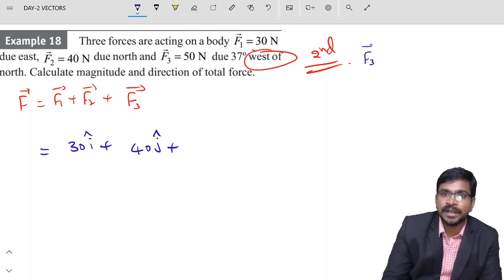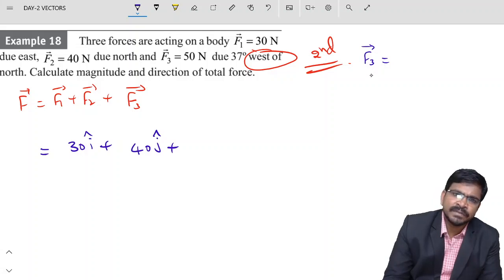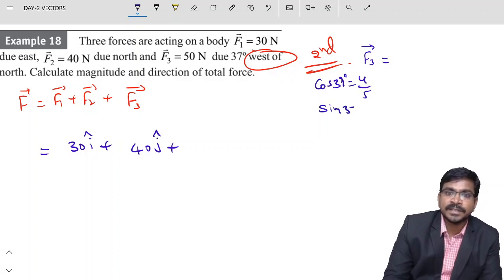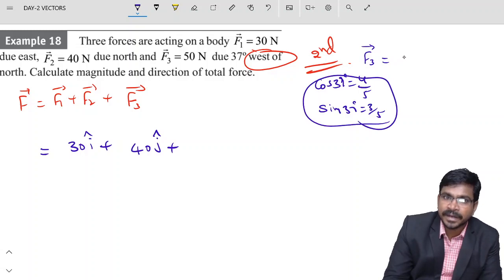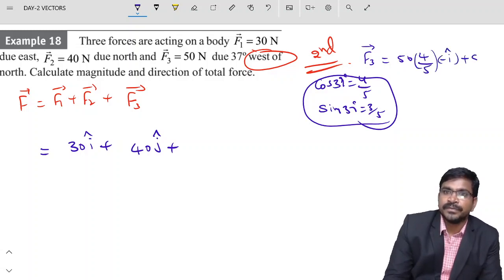F3 can be written as: cos 37 degrees is 4 by 5 and sine 37 degrees is 3 by 5. So I can write it as 50 cos 37, 4 by 5, on the x-axis minus i, plus 50 sine, so 3 by 5 j direction.